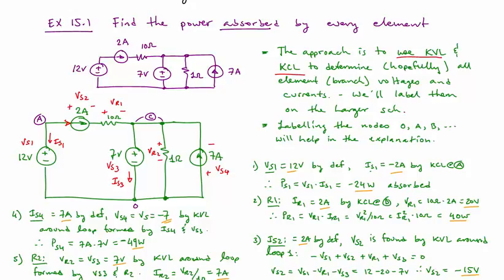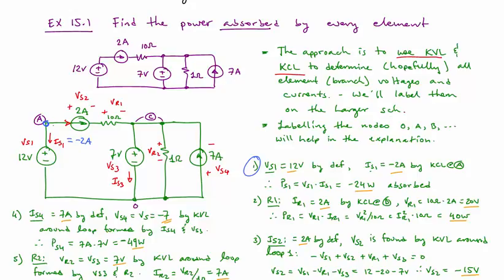So let's start with VS1. I'm going to start over here. VS1 is clearly equal to 12 volts by definition, and IS1 is going to be equal to minus 2 amps, and that is by KCL at this node.